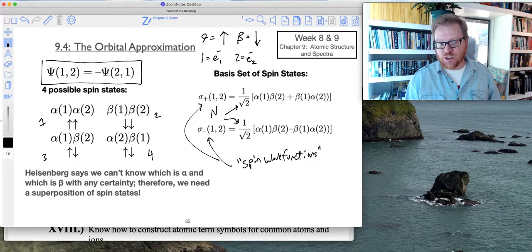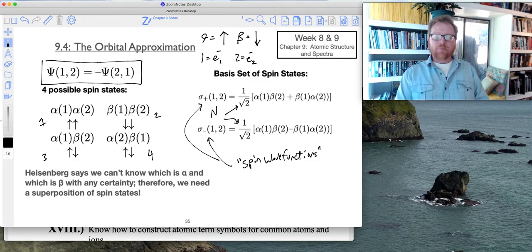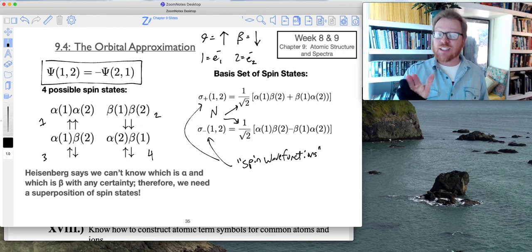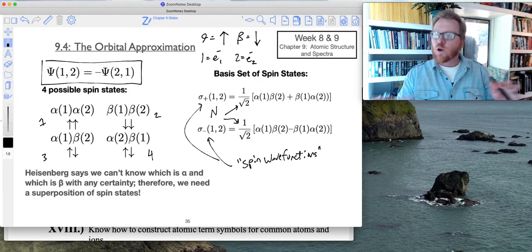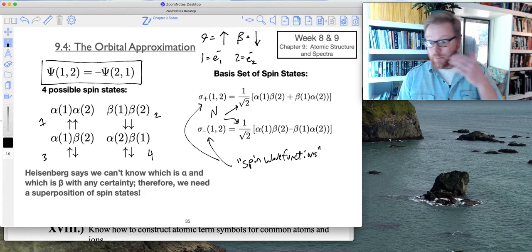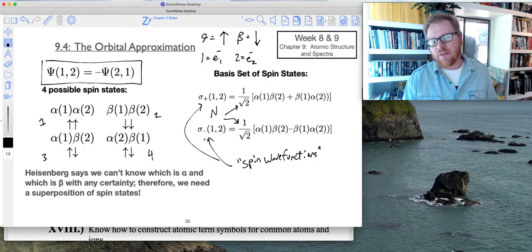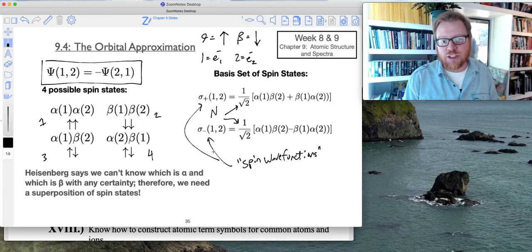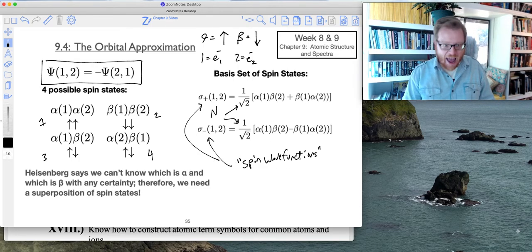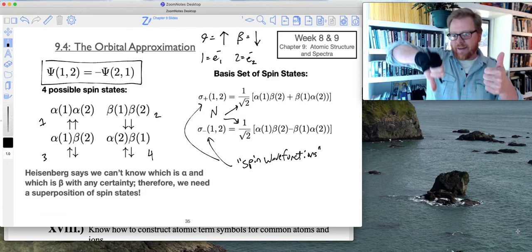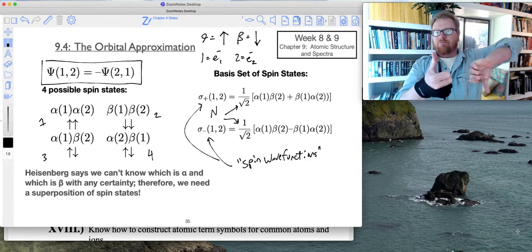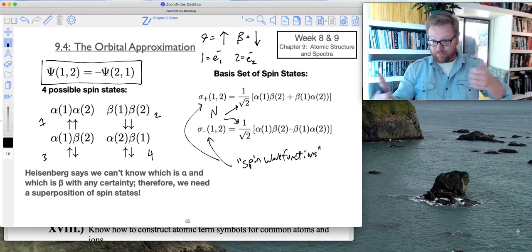Part of that spin wave function is that electron interaction, because a spinning charged object creates a magnetic field. When we have another electron spinning in that vicinity, those magnetic fields can influence each other to actually be attracted to each other. So we have the spin wave function. We're not going to worry about what it says, but we can create a superposition of spin wave functions by considering the fact that we don't know with any certainty which one is up and which one is down. When I switch the labels, I don't know which is which, okay?